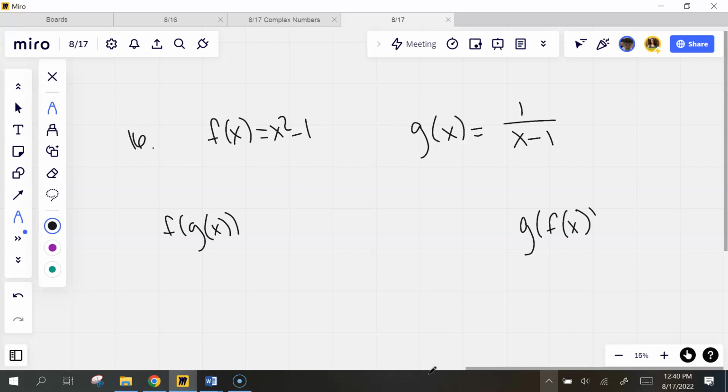Well, let's do a little working domain here first. What is the domain of f of x? It's a quadratic. There's no radicals. There are no fractions. It's just negative infinity to infinity. How about g of x?